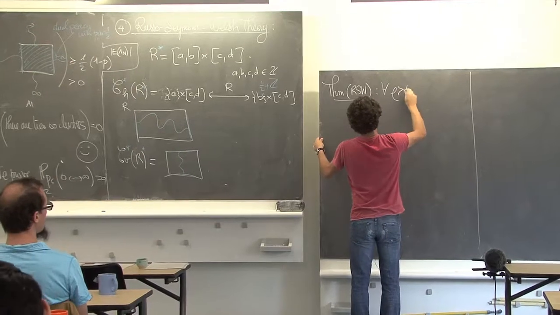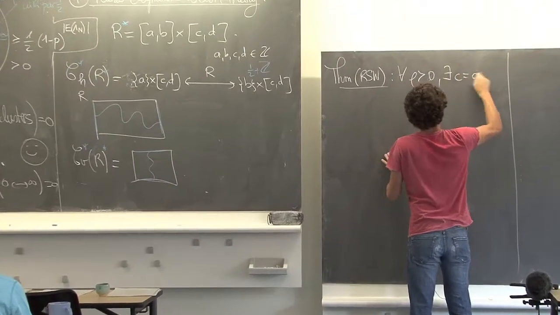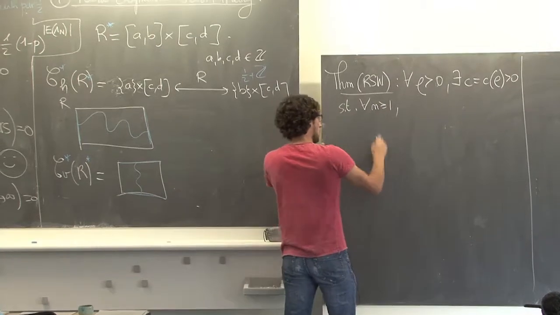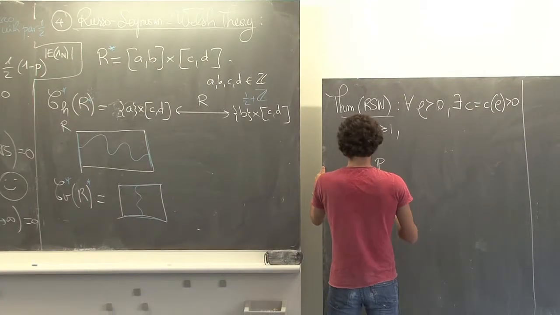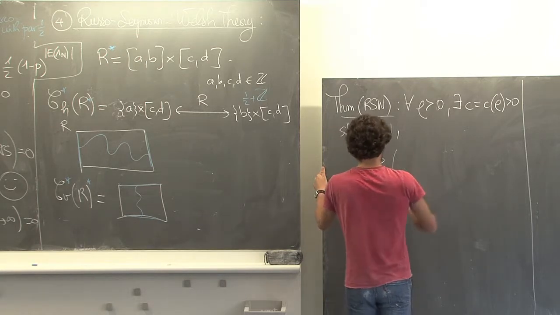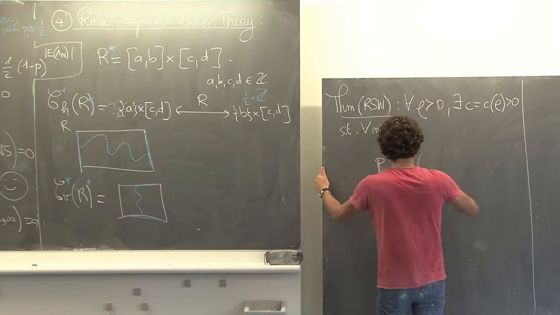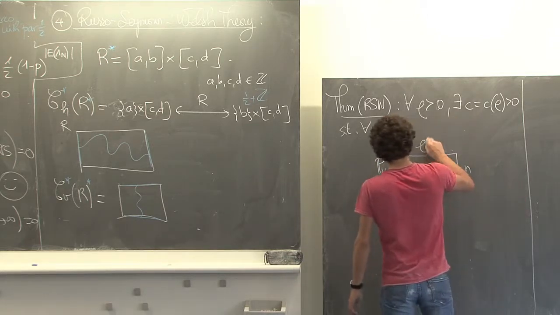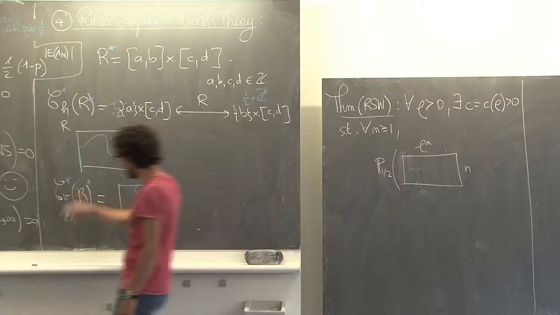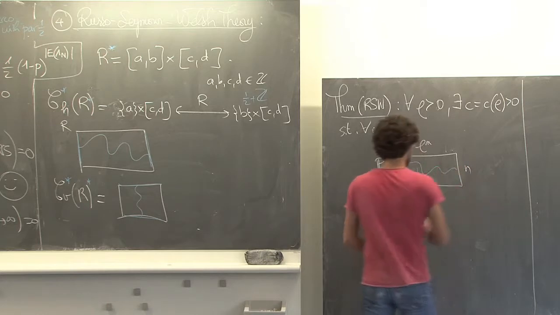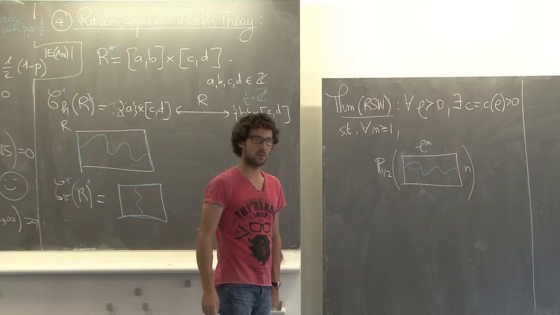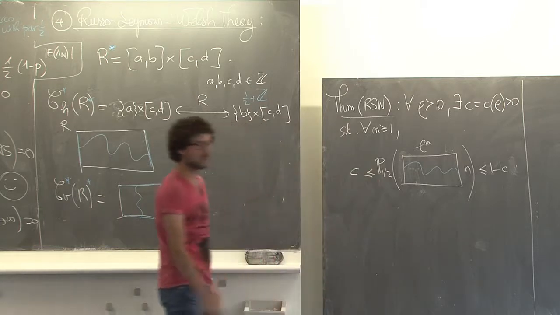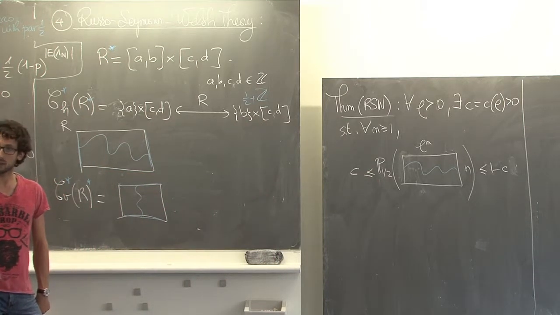For any rho larger than 0, there exists a constant which depends on rho only, such that for any n, if I look at the probability at one half of having a horizontal crossing, actually let me just draw it, of an n by rho n box having a crossing like that, this probability is bounded uniformly away from 0 and 1. It doesn't tend to 0, it doesn't tend to 1, whatever the rho.